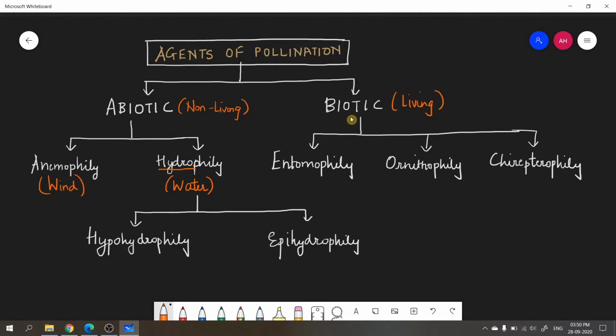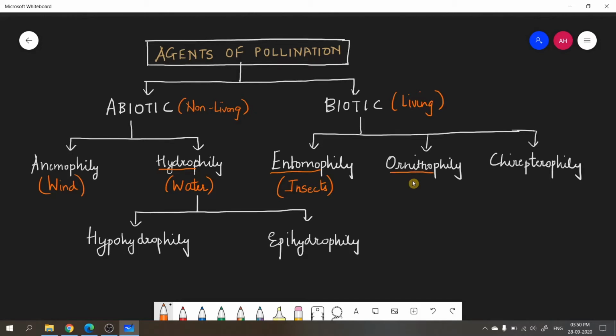So under biotic agents of pollination, the first one is Entomophily. Over here, the word entomo means insect, or relating to insect. So this type of pollination is carried out by insects. Okay, moving to the second one, which is Ornithophily. Over here, ornitho means birds.